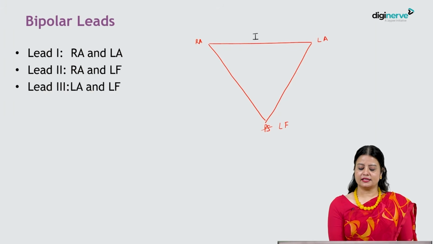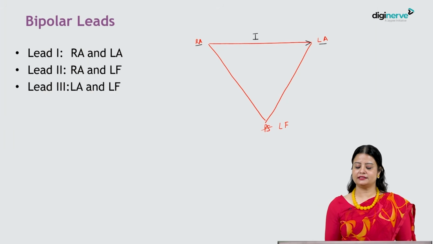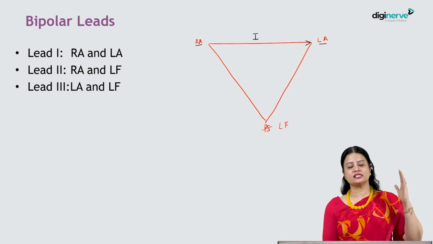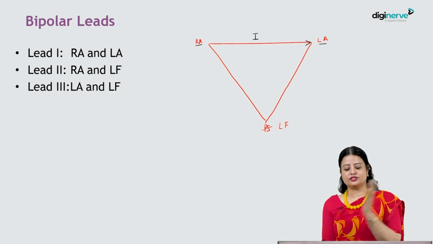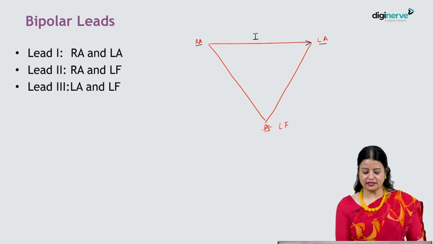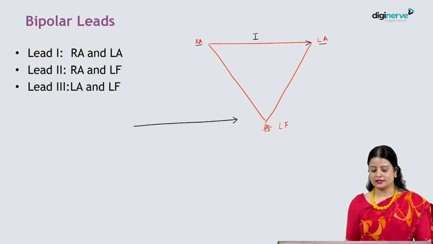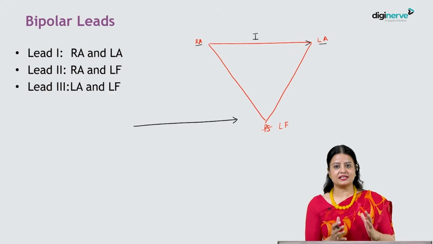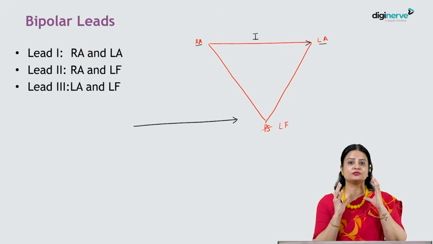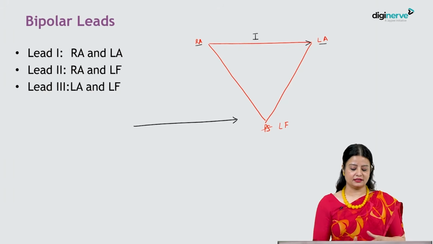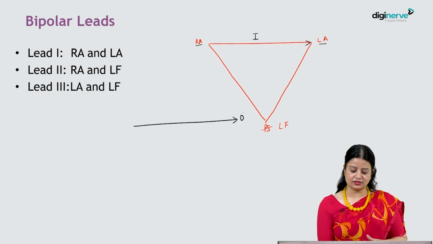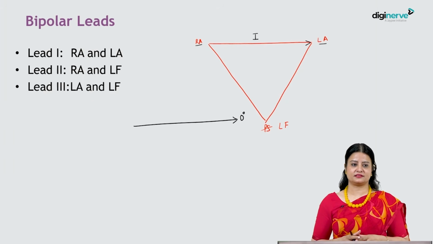Lead 1 is recorded between right arm and left arm, and the direction of the arrow is from right arm to left arm. So let's plot it on the hexagon. What is the direction of this arrow if we have to talk about it mathematically? Isn't it in the direction of 0 degrees?